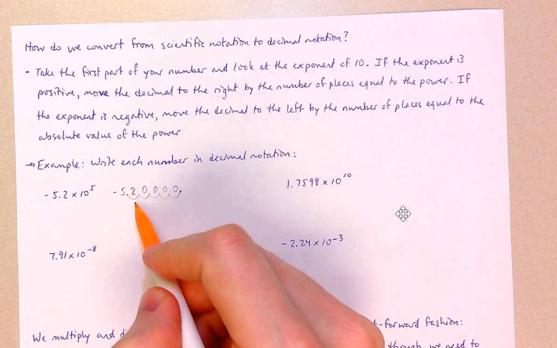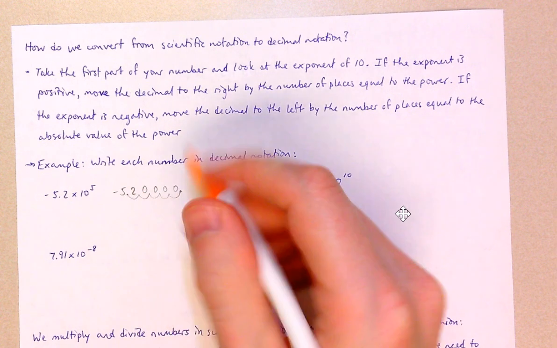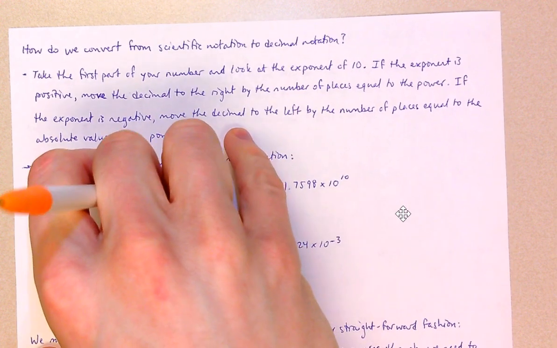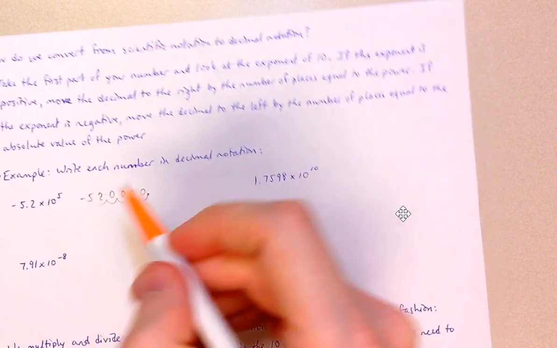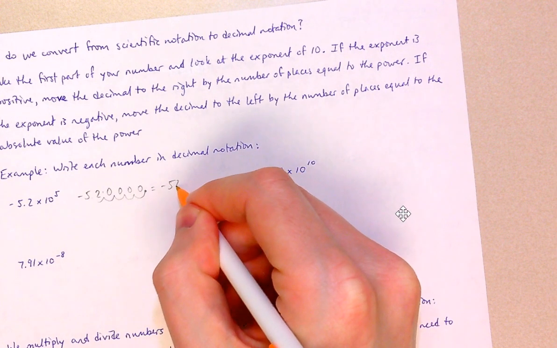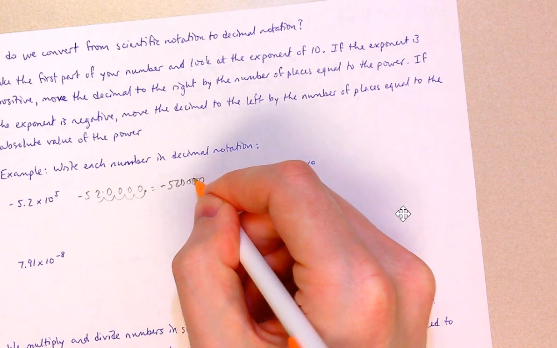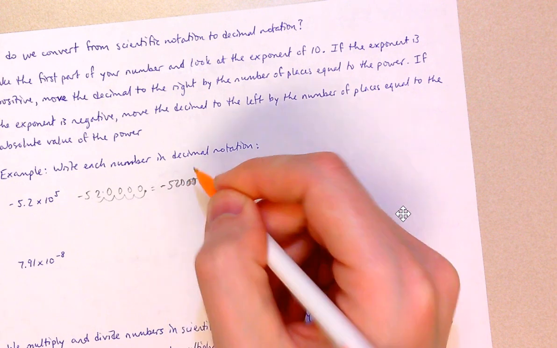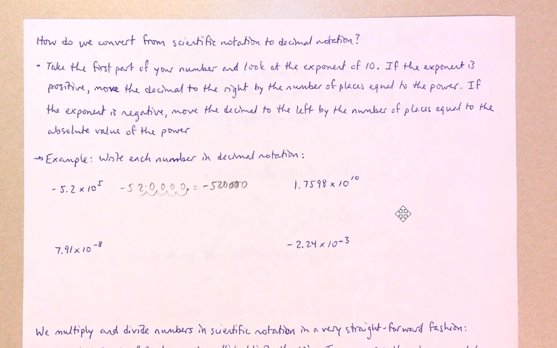And now we can get a full number, and we visualize our decimal here. It is no longer here. So what is this number now? This is negative 520,000.